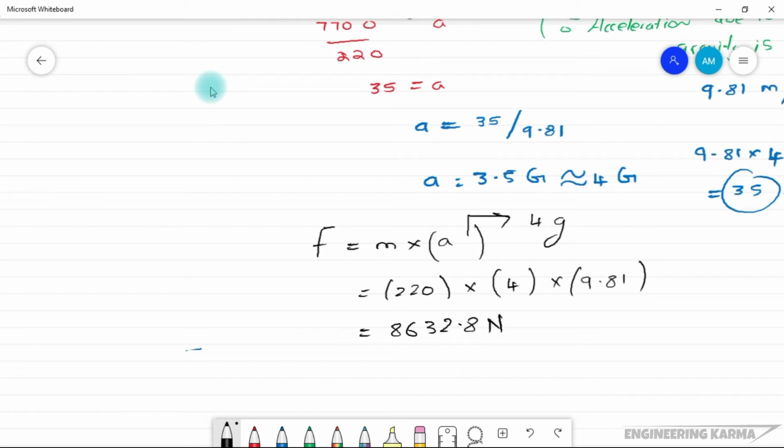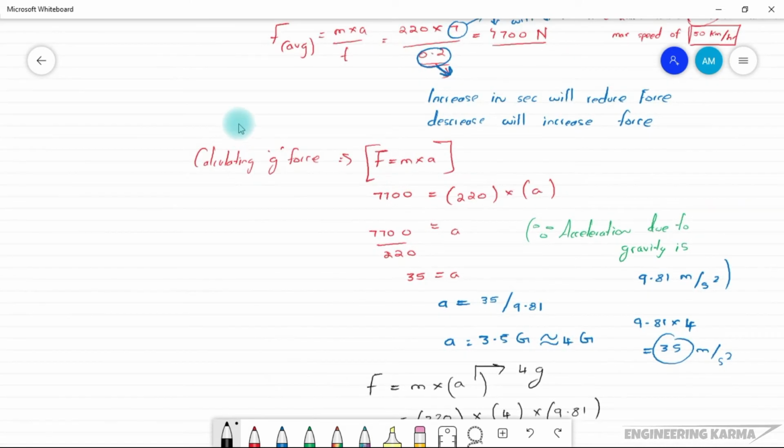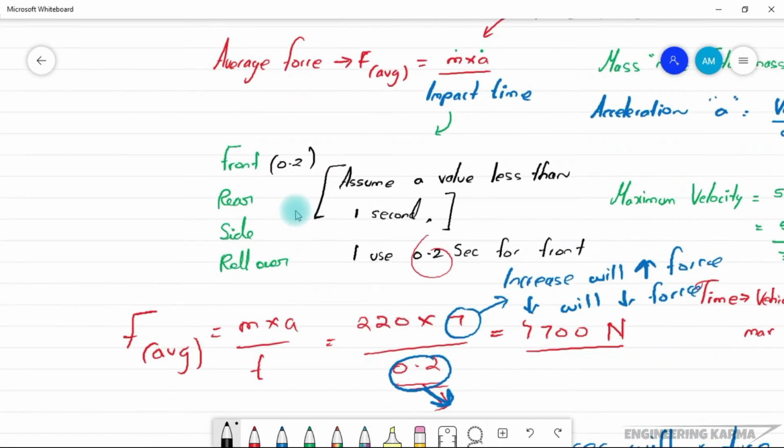The front impact force is obtained. We can find a single maximum force and apply it on all the sides: front, back, rear and rollover. But I found people calculate different forces for each side and use them.